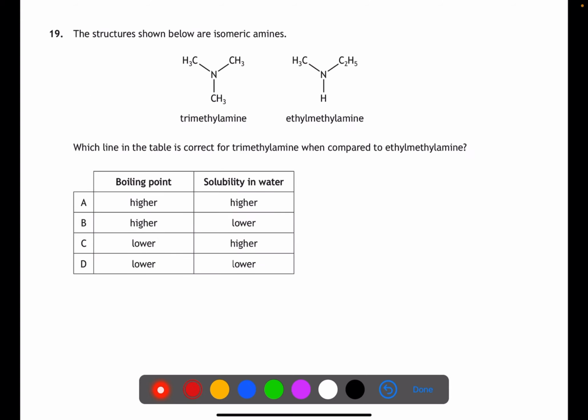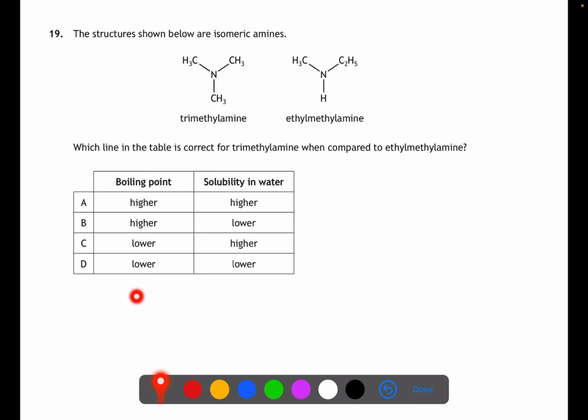Question 19. The structures shown below are isomeric amines. Which line in the table is correct for trimethylamine when compared to ethylmethylamine? So what we have here, trimethylamine, is a tertiary amine, whereas ethylmethylamine is a secondary amine. Because this is a secondary amine, it has an N-H bond which allows it to hydrogen bond with itself or to water.